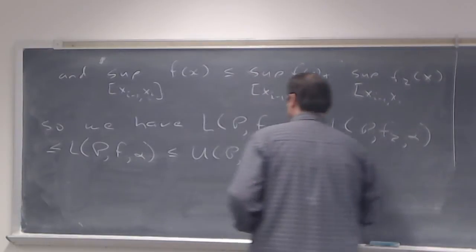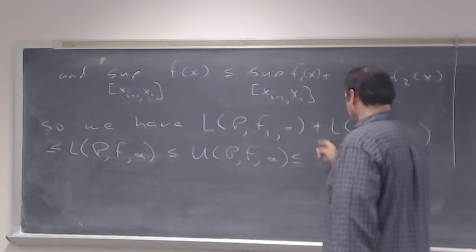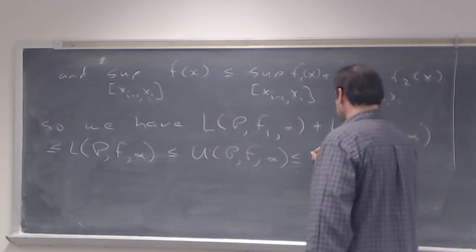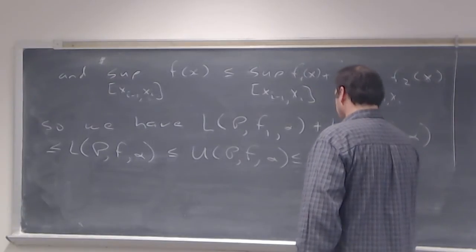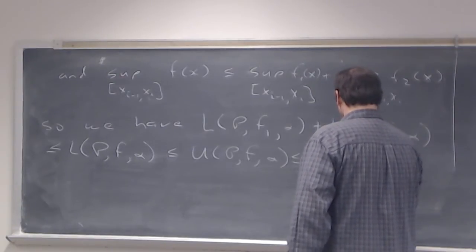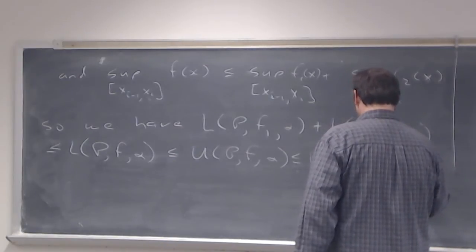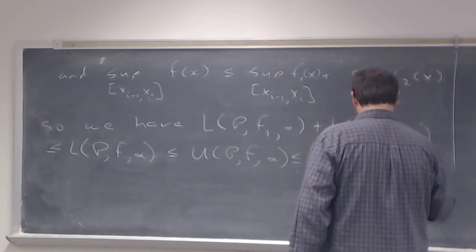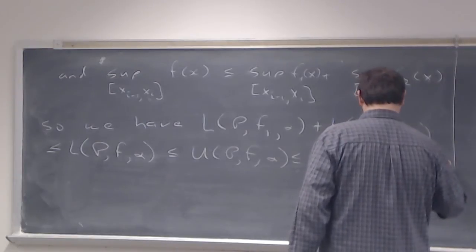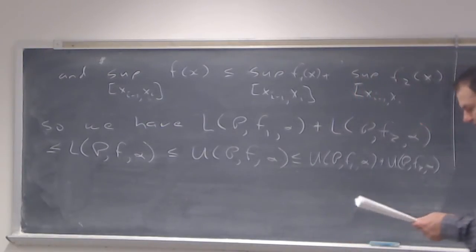But that's going to be less than or equal to, by this fact and the definitions of upper sums, the upper sum with this partition of f_1 and alpha plus the upper sum with this partition of f_2 and alpha. So that's what we have.